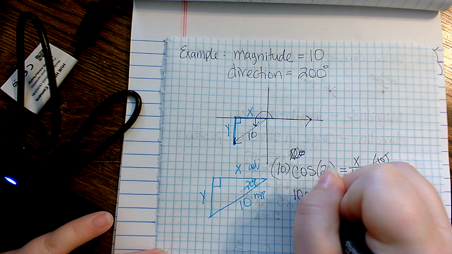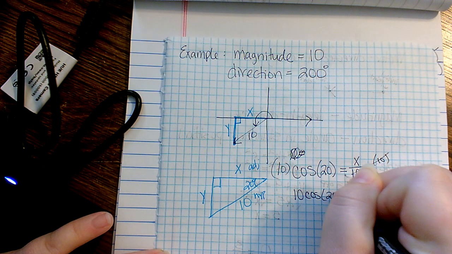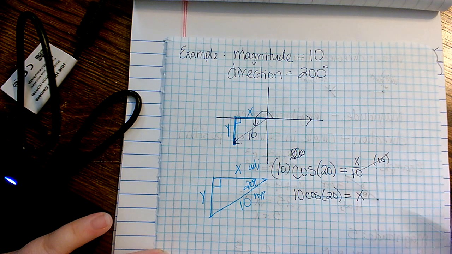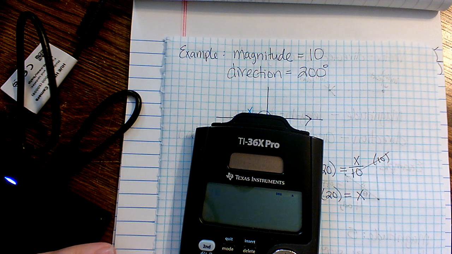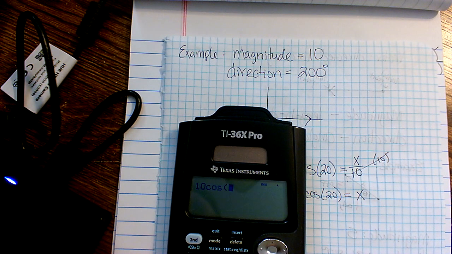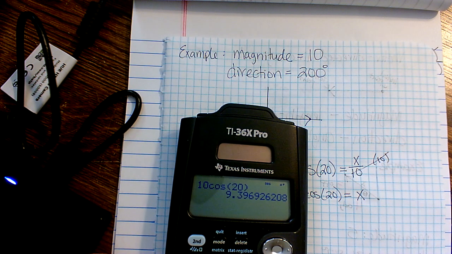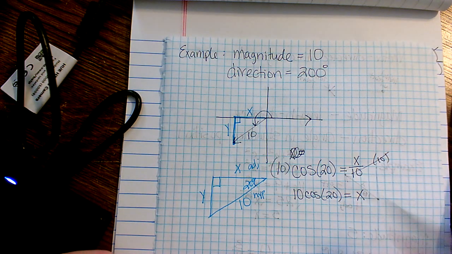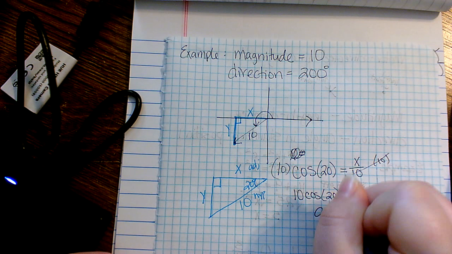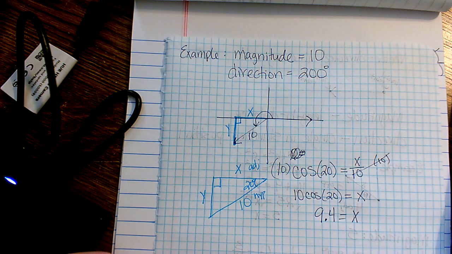So if I just type in 10 times the cosine of 20 degrees inside of my calculator, so we'll try 10 cosine of 20 degrees. We get 9.397, or let's just round to 9.4. So we know that the x component is about 9.4.